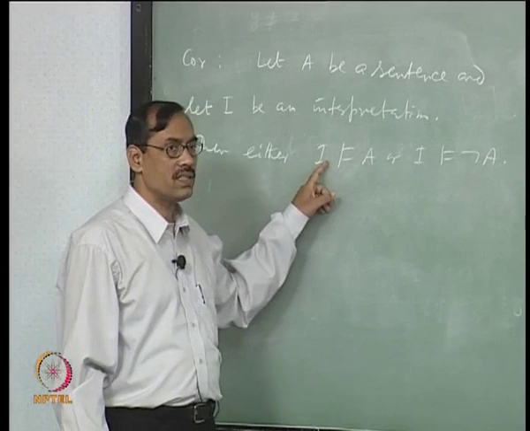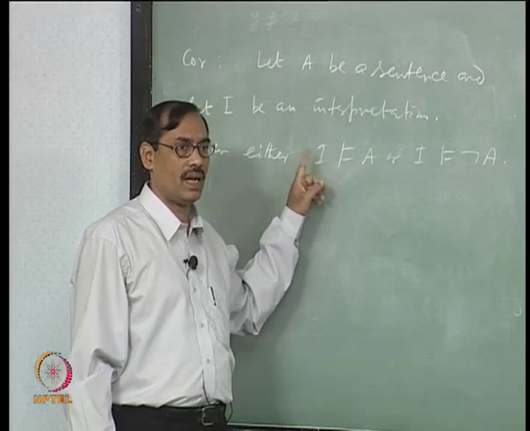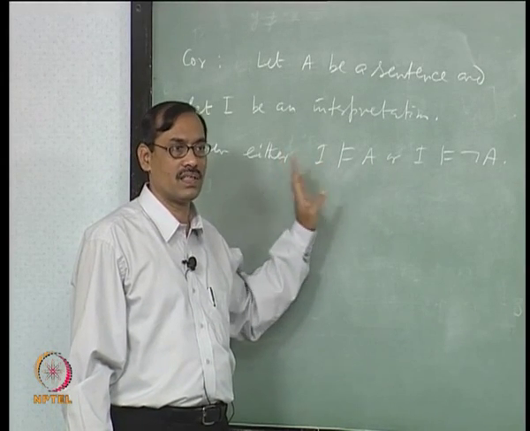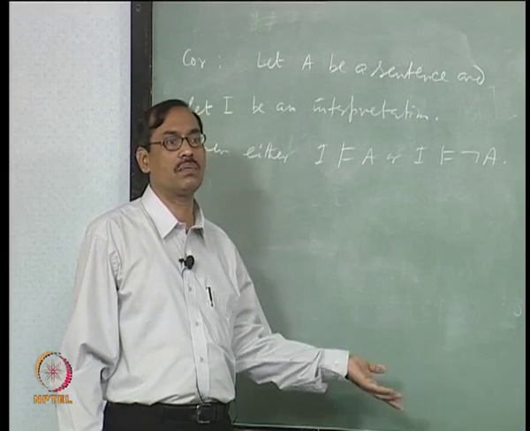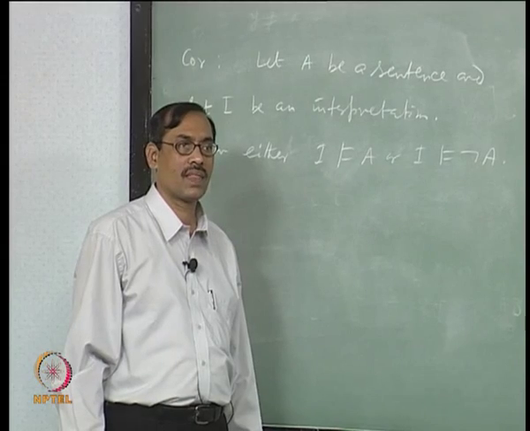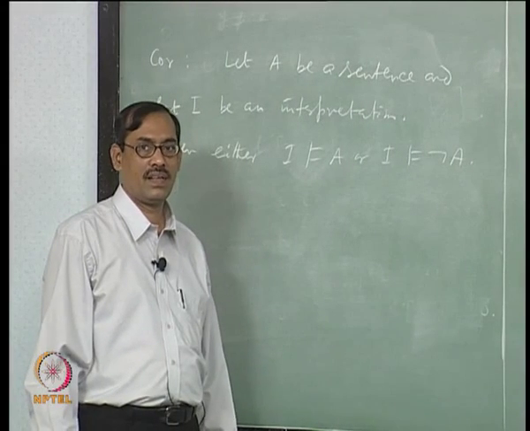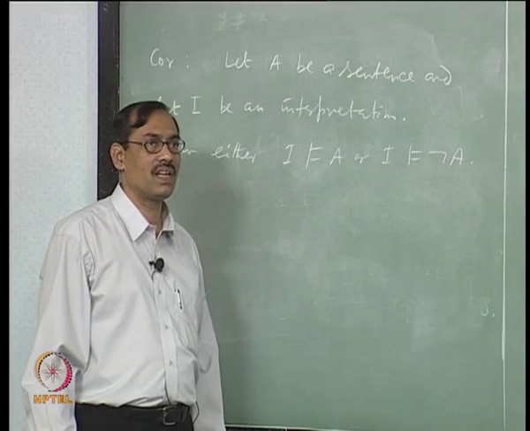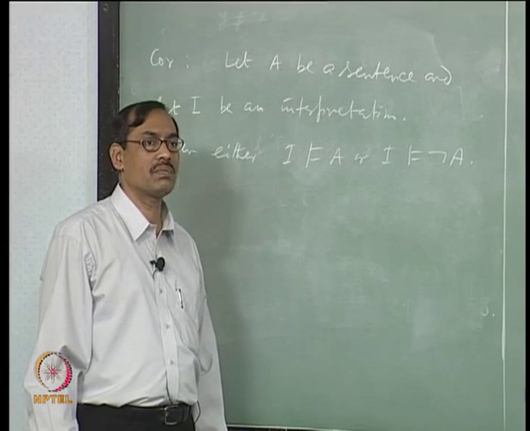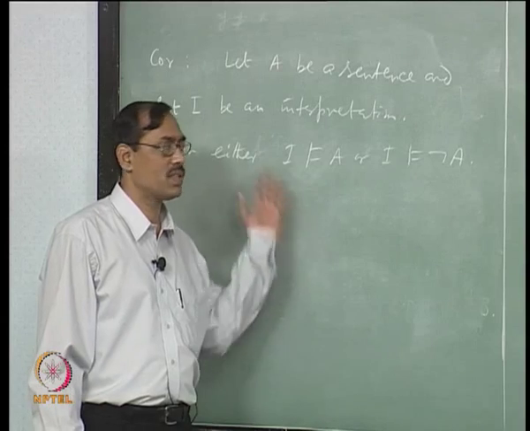It is because you take any state L, I L, a valuation under this interpretation. Now, I L either satisfies A or it satisfies not A by definition for the states. Now, due to the relevance lemma for sentences, I L satisfies A if and only if I satisfies A. So, just substitute in both the cases.